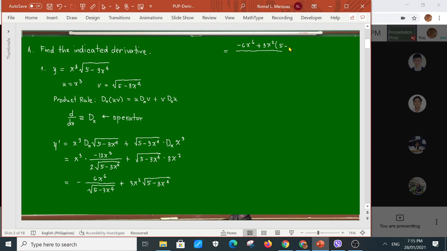So, we have 5 minus 3x to the 4th, then over this radical, square root of 5 minus 3x to the 4th. So, can we still simplify that? Guys, yes, no? Because this is negative 6x to the 6. And then if I distribute 3x squared to each term inside this parenthesis, we have 15x squared and then minus 9x raised to 6, all over.